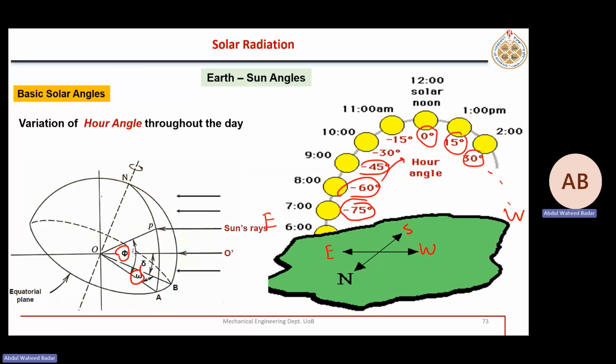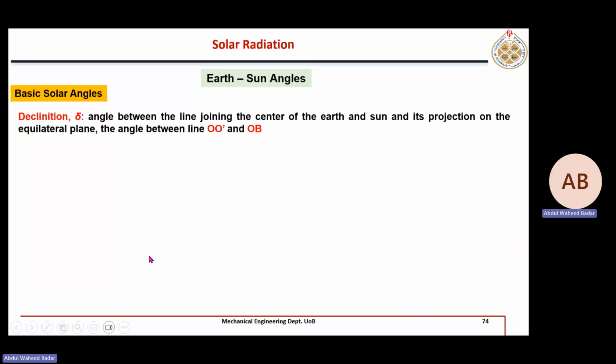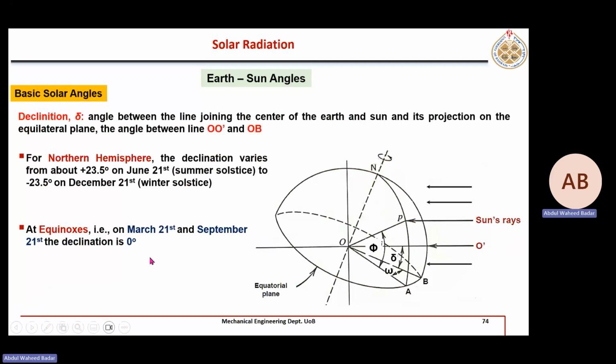Now we have discussed latitude, and also the hour angle. Now we already know about the third basic angle, which is declination. So now we will define this declination angle here also on this side. That is the next basic solar angle, which is called declination. How is this declination angle defined? This delta is the same as the earth tilt.